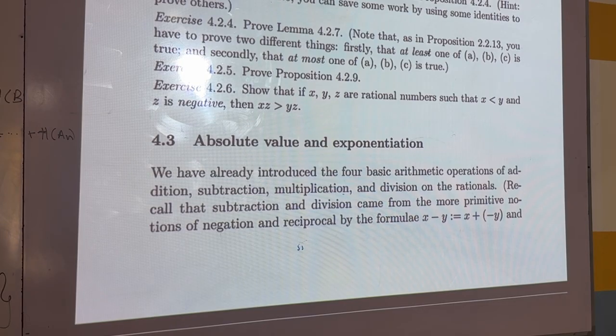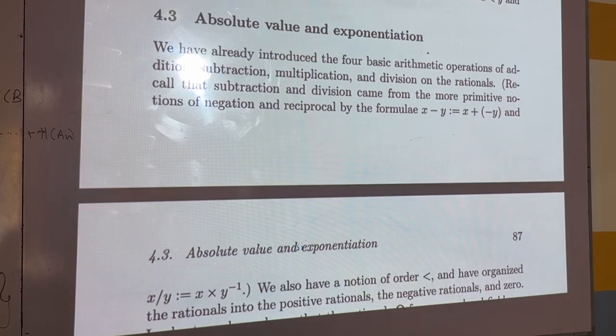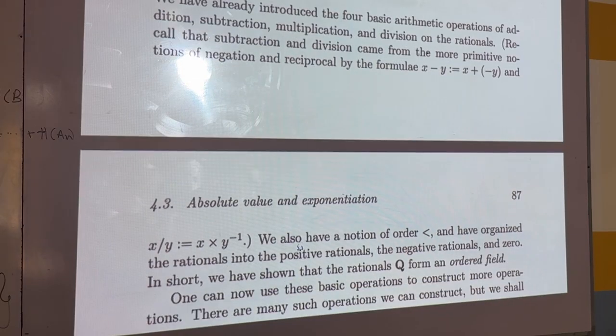We have already introduced the four basic arithmetic operations of addition, subtraction, multiplication and division on the rationals. Recall that subtraction and division came from the more primitive notions of negation and reciprocal by the formulas x minus y is x plus minus y, and x over y is x times y inverse.